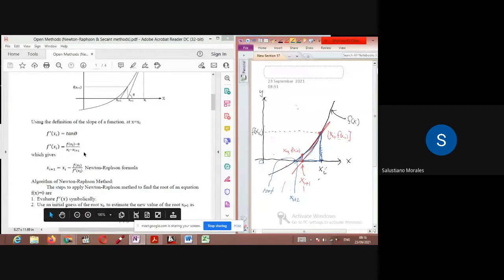Okay, so ang gawin lang natin dito is we're going to rearrange the equation and we're going to solve now xi plus 1. So we're going to manipulate that. It's that our xi plus 1 now will become xi minus the ratio between f sub xi and f sub prime xi. And this formula is called now as the Newton-Raphson formula.